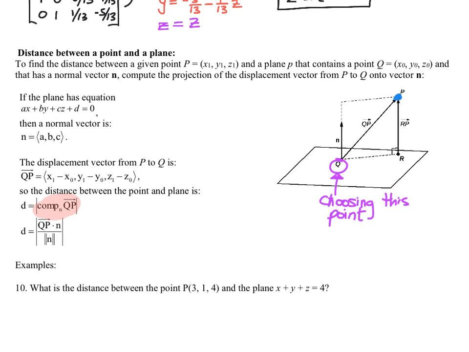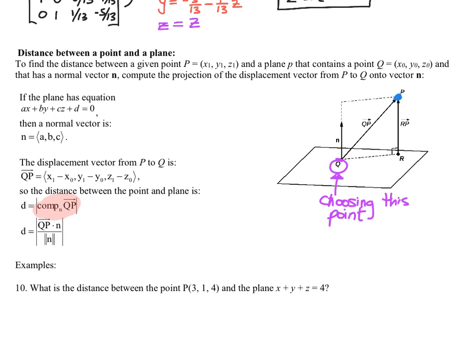Now we're hoping for R. We're hoping to get that point R, but there's no reason to think we'll ever stumble upon a value like that, unless you know that the plane is horizontal or vertical or something like that, and the point is just some known distance away from the plane. That's a different story. But we're choosing this point, and then we're going to compute the vector QP.